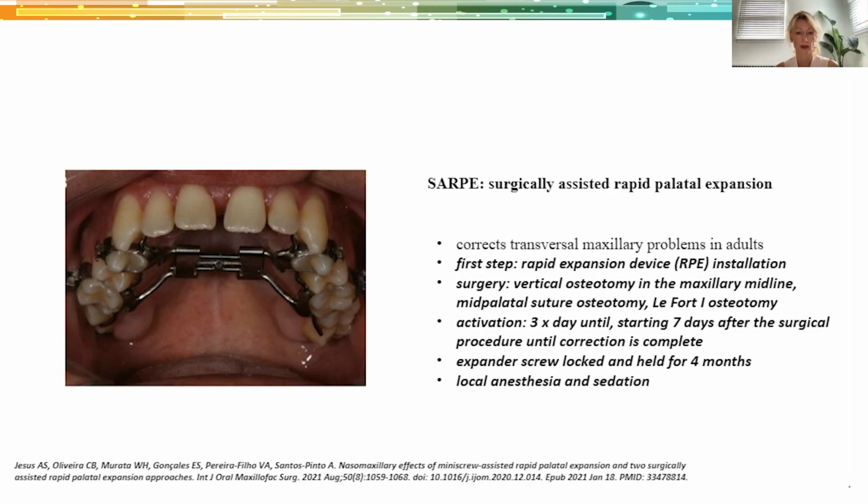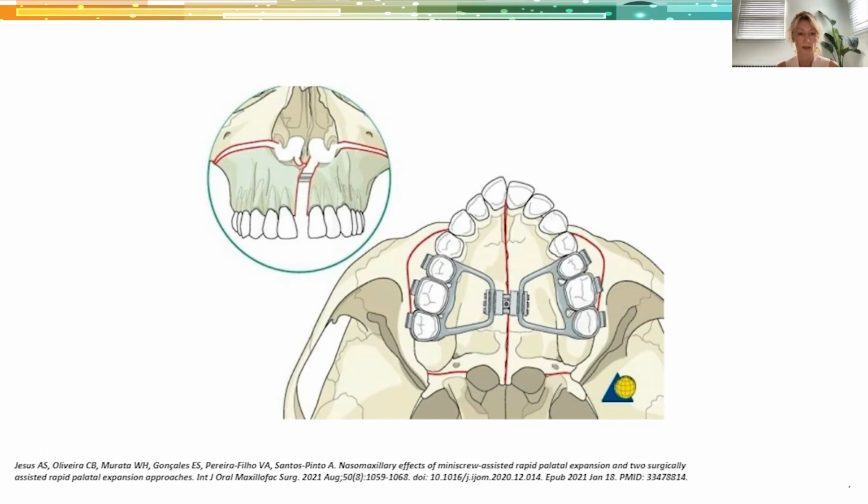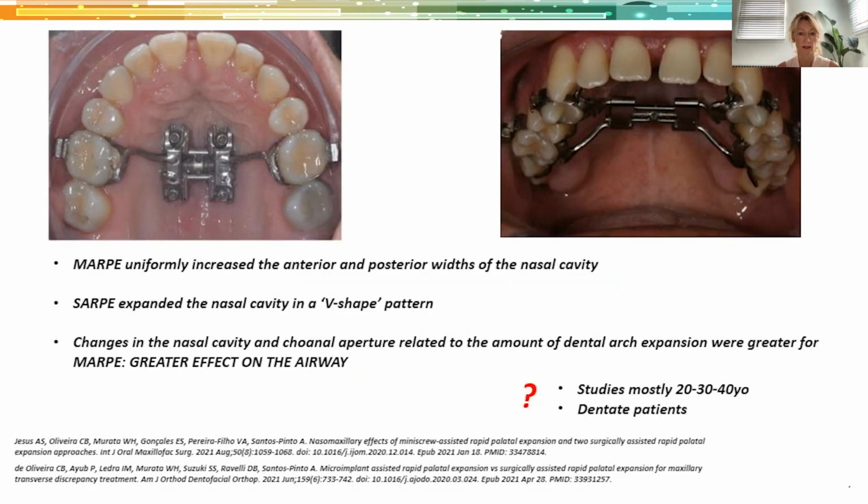With MARPE, the expansion is more transverse, so it has more benefit on the nasal cavity. With SARPE, the expansion is more on an angle because of the cuts and no implants in the mid-palatal suture. So these are all studies and techniques performed.